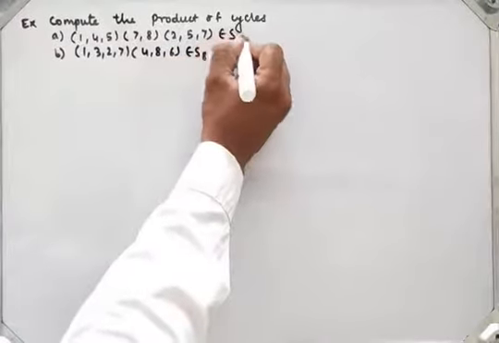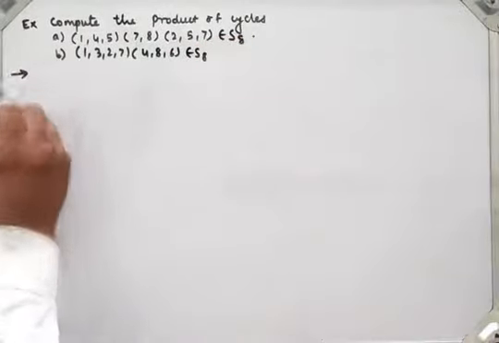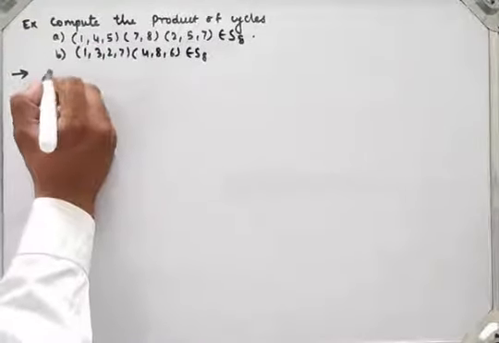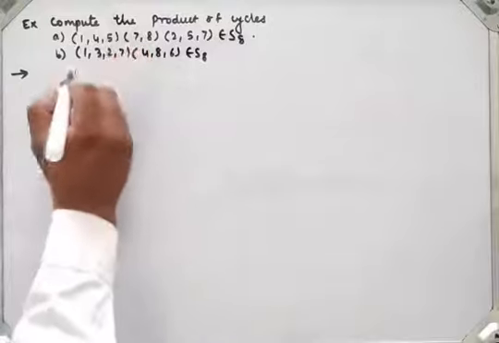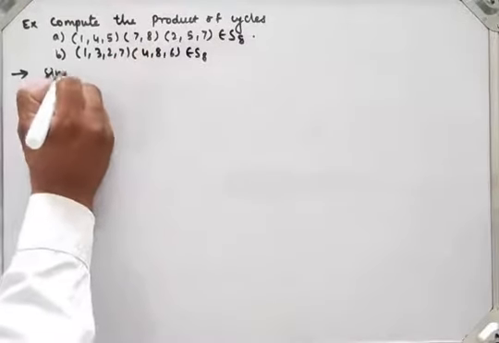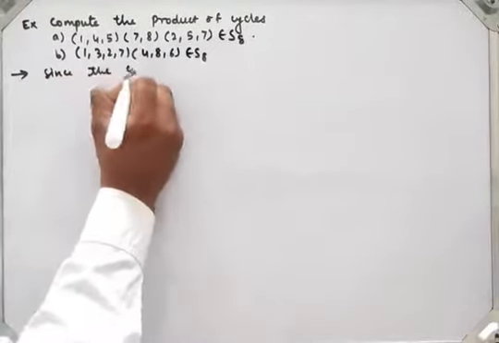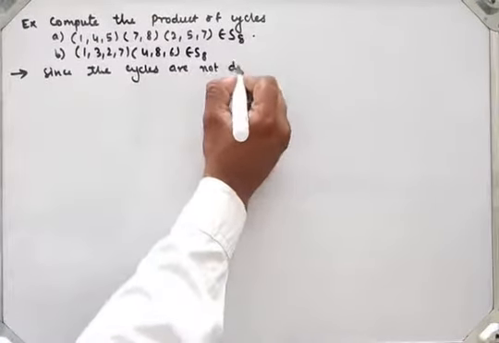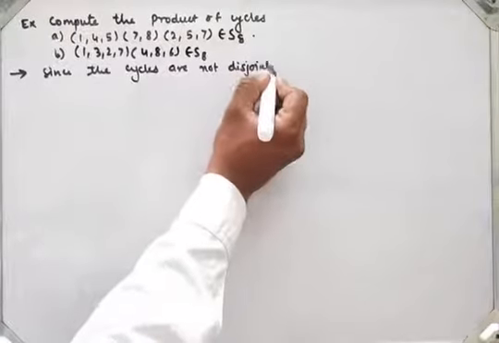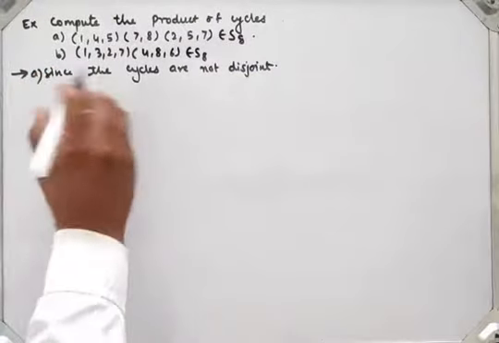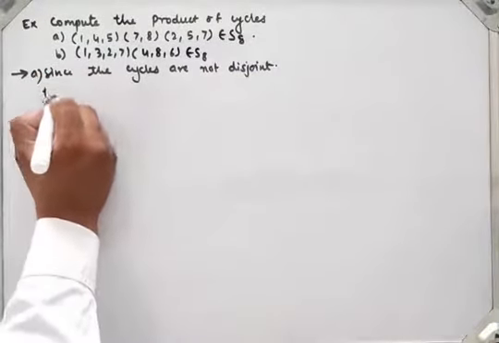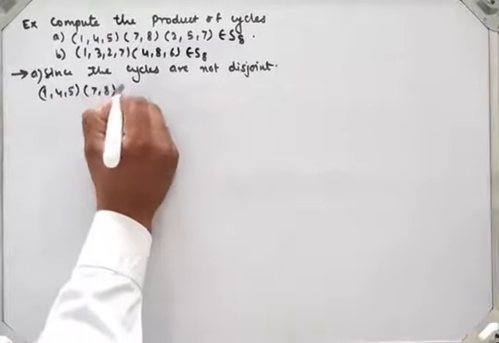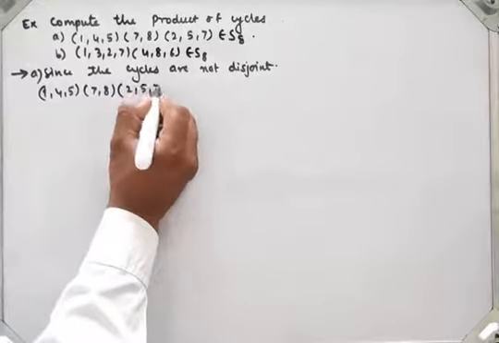To find the product of cycles, since these cycles are not disjoint, first I will write (1 4 5), (7 8), (2 5 7).